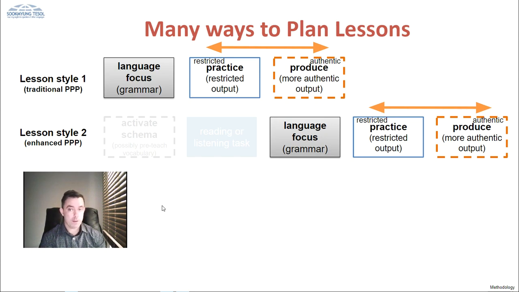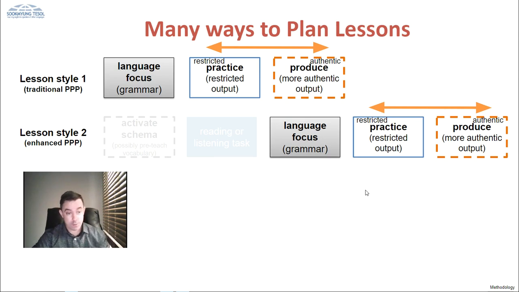But notice something that is always, always, always, whichever version of PPP you're using, we always go in this order. Okay? We always start with the accuracy-focused, restricted practice, and then move into fluency-focused, authentic practice. So the first thing we're doing is we are getting students to practice that grammar, getting them to get it right, you know, the success orientation, the validity, and then, all right, let's move into some fluency stuff.